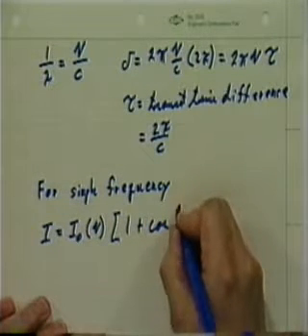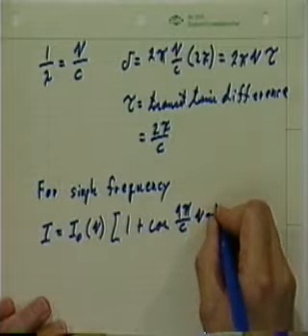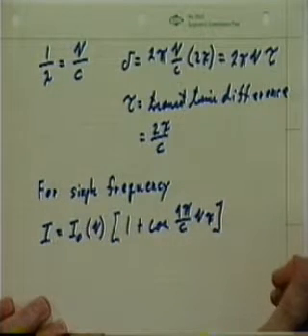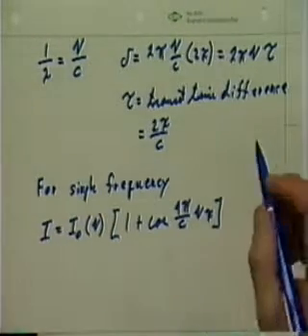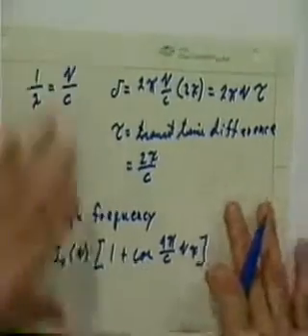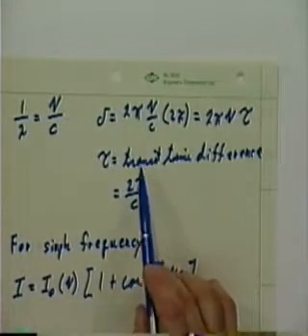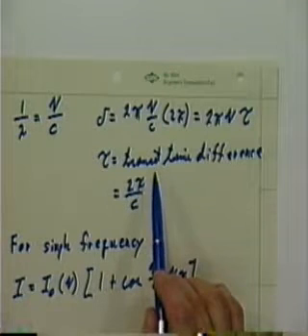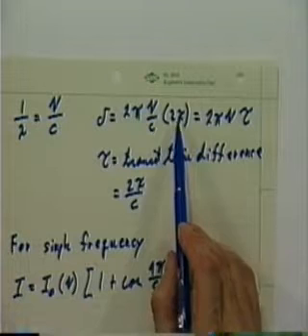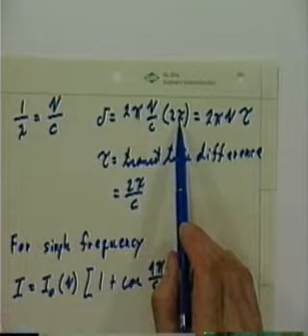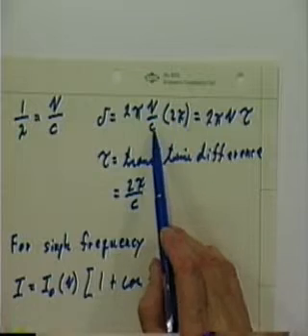So it's cosine of 4 pi over c nu times x. Tau here was the transit time difference, the difference in time it takes for the light to go the two different arms of the interferometer. And so that simply would be equal to the difference in distance for the two arms of the interferometer, so 2x divided by the speed, c.